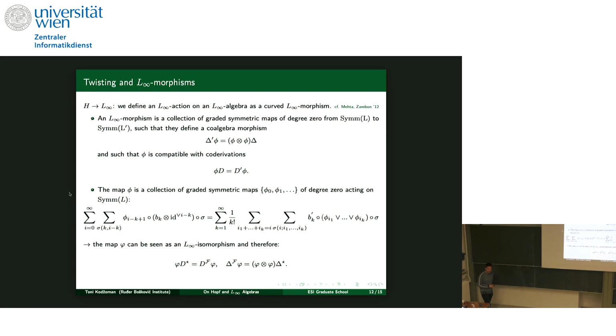So we can relate the F-twisted co-derivation with the star-twisted co-derivation, meaning that if we know the homotopy relations on one of the twisted L-infinity algebras, we automatically know the homotopy relations on the other one. These phi's from before, I haven't said, are a collection of graded symmetric maps of degree 0, and they act on symmetric L in the following manner. This is just a consistency check and further proof.